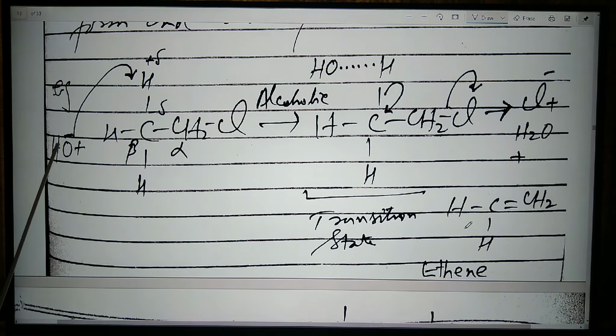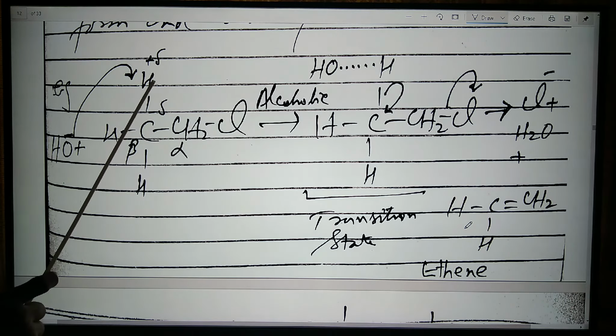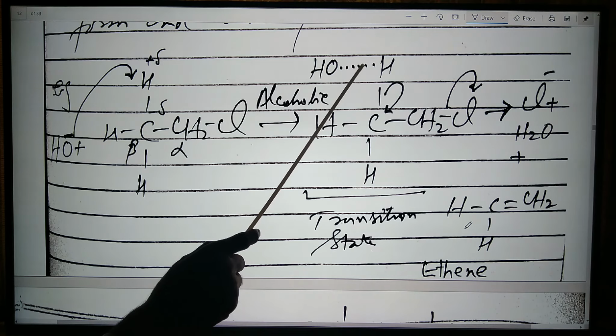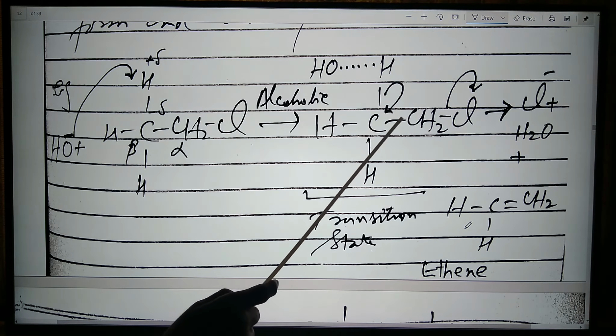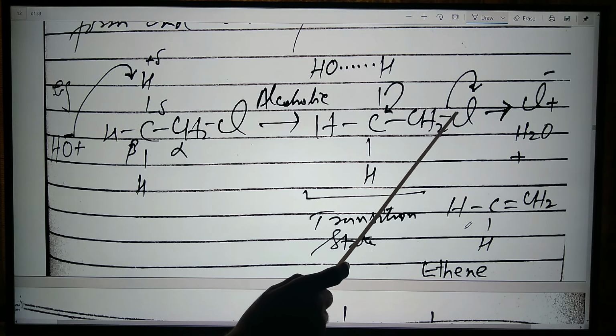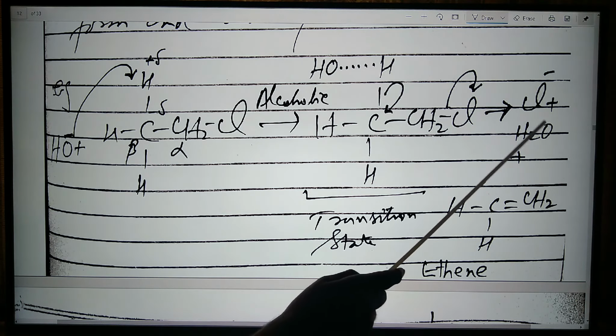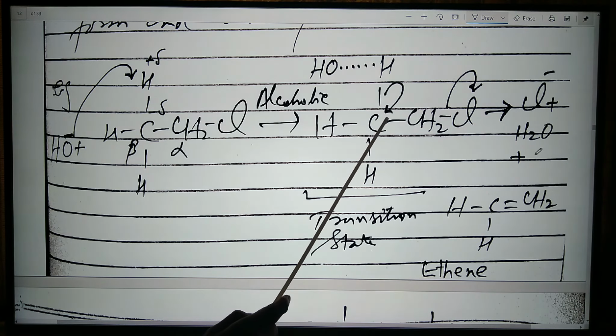So this is the OH, which is the base, and this is the alpha, and this is beta. So the OH attacks this beta hydrogen to form the transition state, and this is the dotted line. So in this case, this Cl is replaced to form Cl minus, this H and OH form H2O, and the double bond appears on this side.